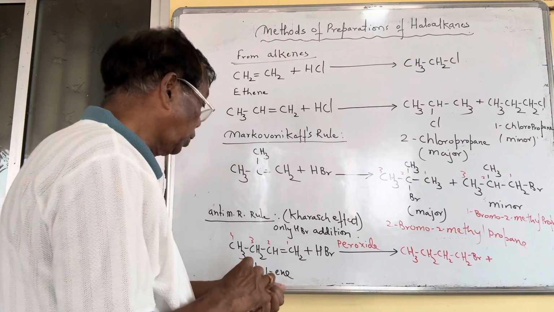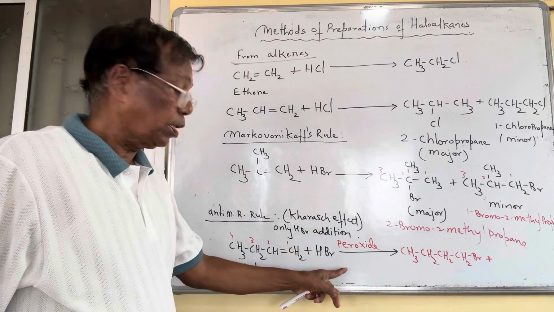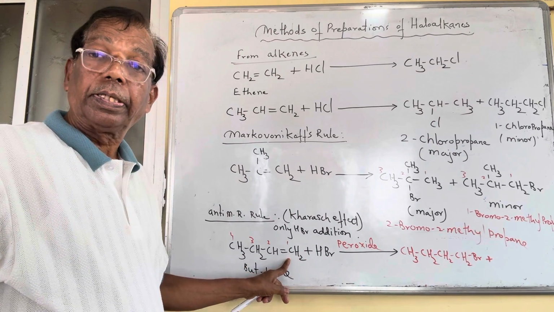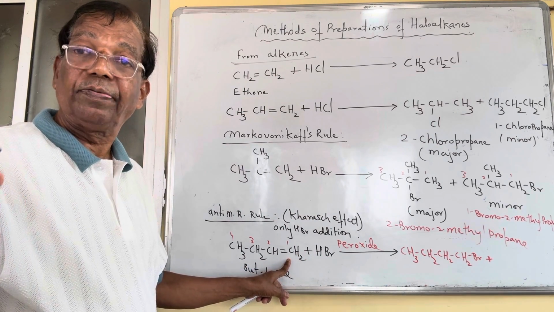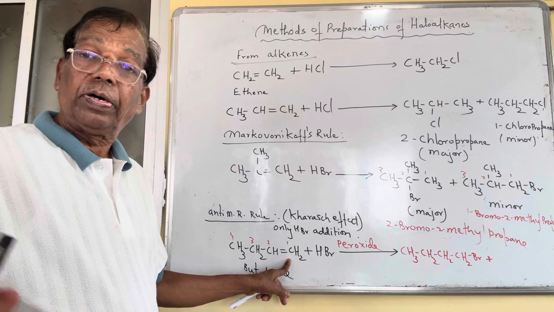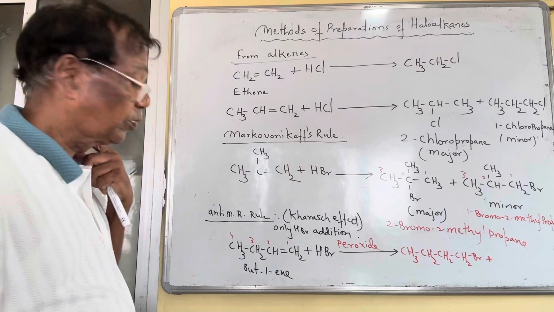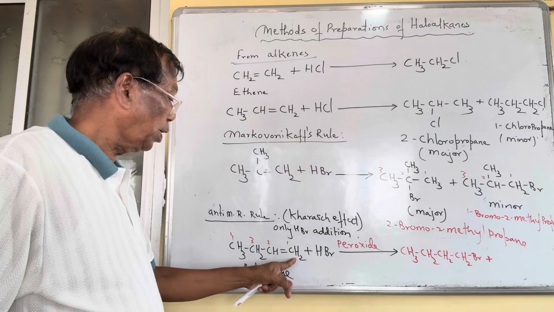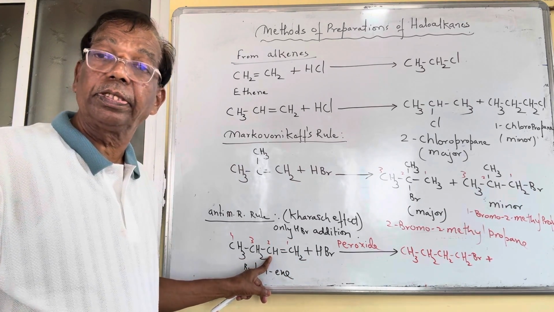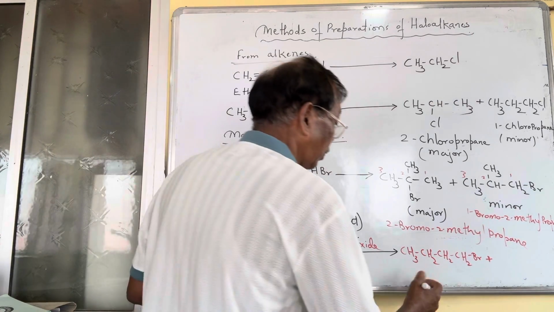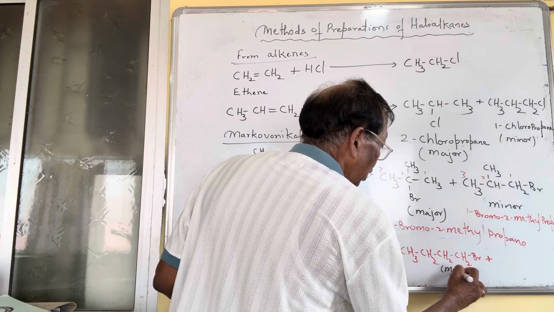And the minor will be the opposite. Again I'll repeat: bromine will add to that carbon having the double bond and having more number of hydrogen. The more number of hydrogen, 2, are here, and less, only 1, here. Therefore bromine will add here and that becomes major.